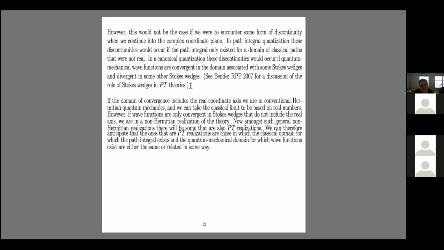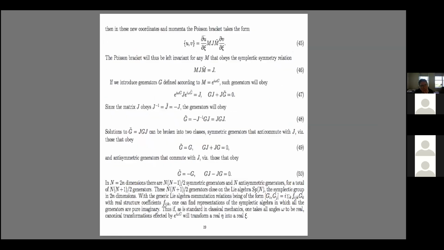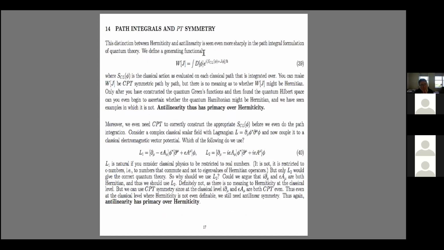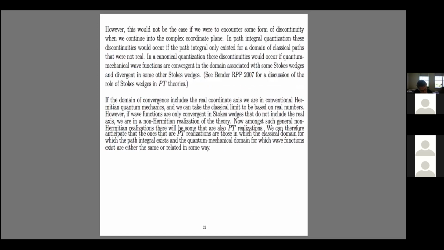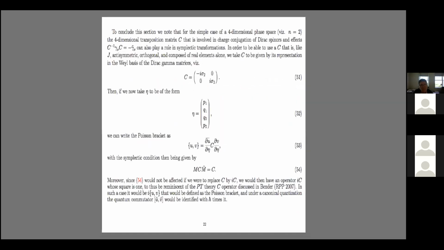They're a central ingredient. They're tied in with the whole question of boundary conditions. And from the point of view of the path integral, the question becomes, in which Stokes wedge, if any, does this integral even exist? And that's the key to PT theory and the key to quantization.